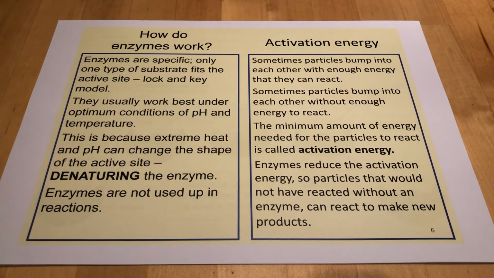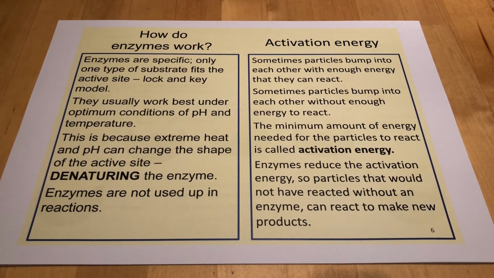At low temperatures, the particles just don't have much energy, so we don't see many collisions, as we learn about in chemistry. And in extreme heat, denaturing can occur. And denaturing is where, as I said, you've got this protein. The enzyme is a protein, and it's kind of folded up on itself, held together with these cross links between them.